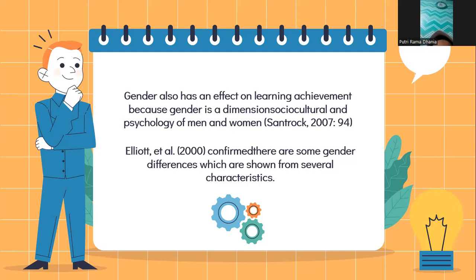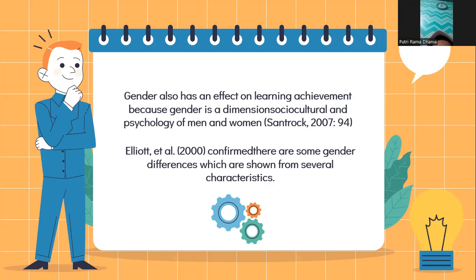Elliot et al. states that there are several factors that influence the development of each individual, which interact with one another, which is called biopsychosocial. Furthermore, it is explained that birth is one of the biological characteristics from the biopsychosocial theory, which in this case can be associated with being born as a male or female, which then leads to the concept of gender.